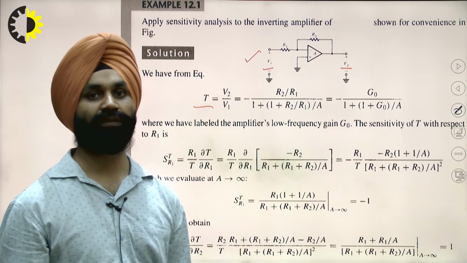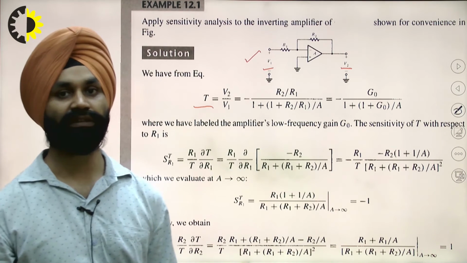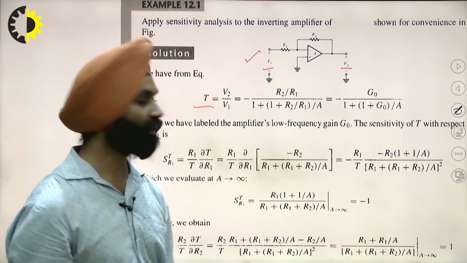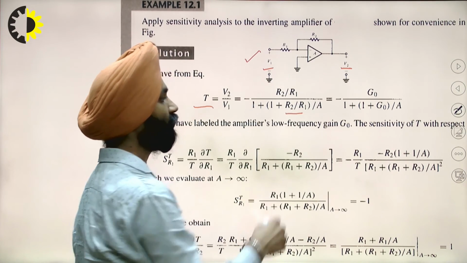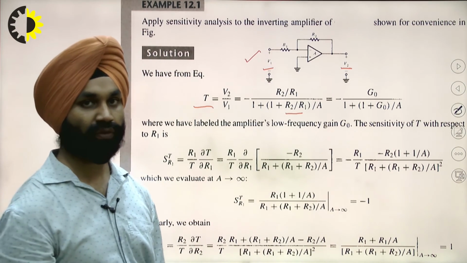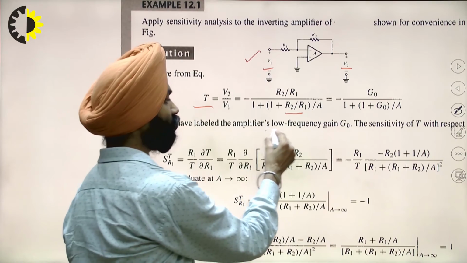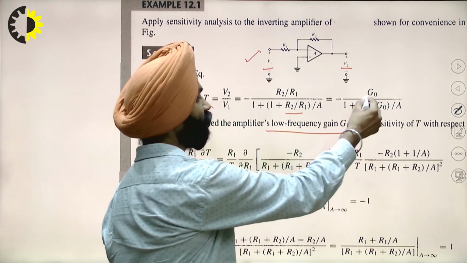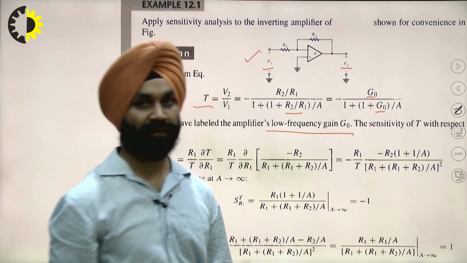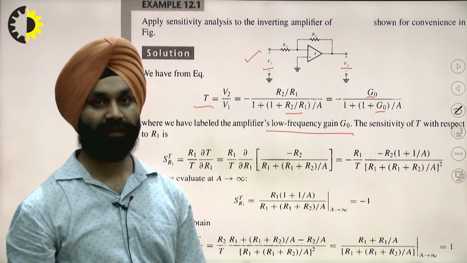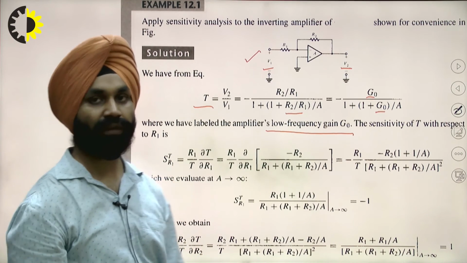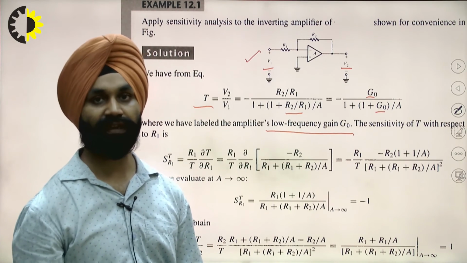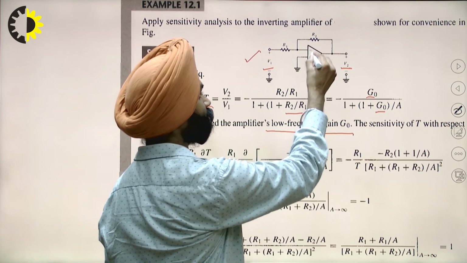If we take low frequencies, let's suppose it is the low frequency gain, then we can replace R2 by R1 by G0. So the amplifier's low frequency gain is G0. We can say it is G0 by 1 plus G0 divided by A. A is the gain of this amplifier.